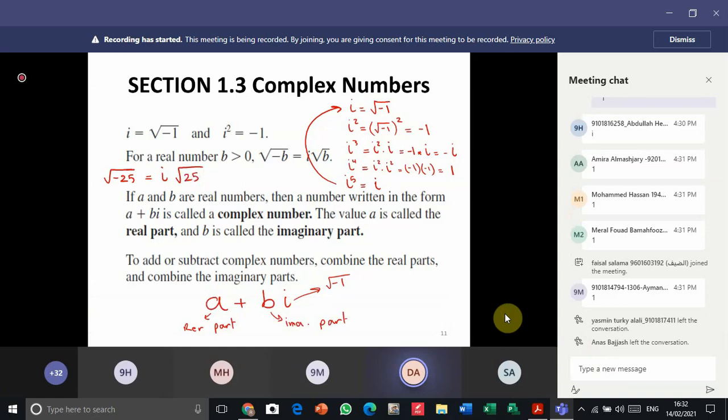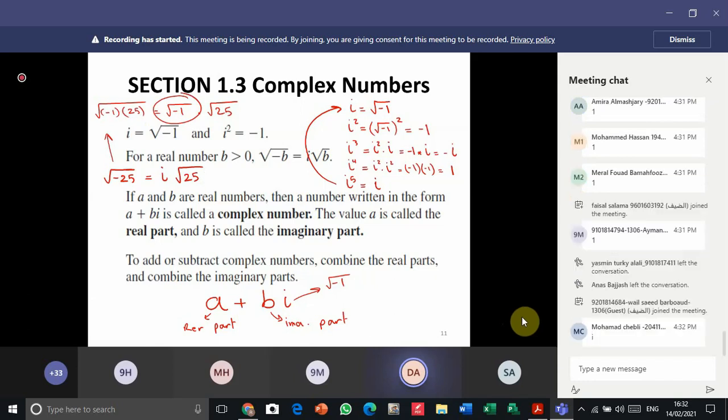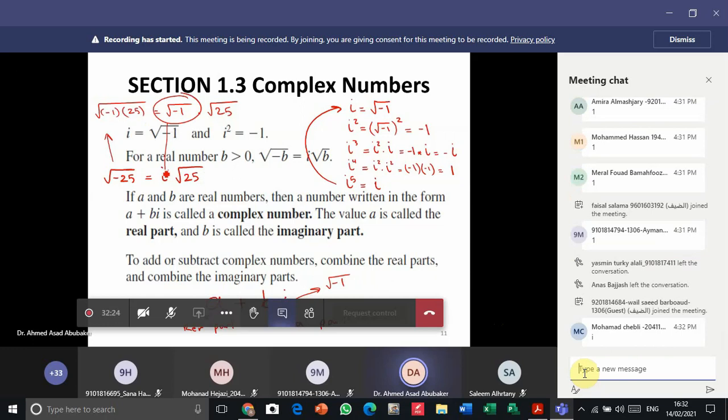Why? Because we can write radical minus 1 multiply 25 and distribute the radical over the minus 1 multiply 25. What's the value of radical minus 1? This equals I. So put the I here. What's the value of radical 25? Equal 5. So we have 5I.